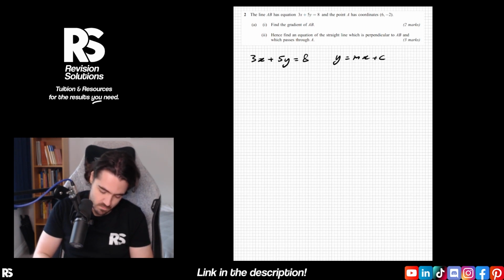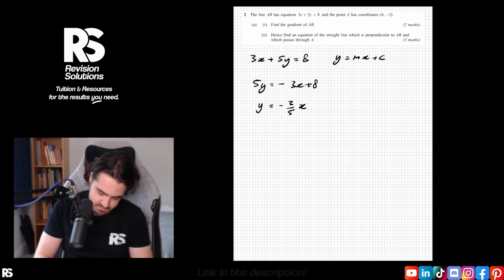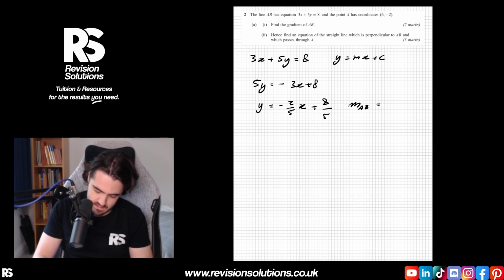So let's just rearrange for y basically. So 5y would be minus 3x plus 8. So then y would equal minus 3/5 of x plus 8/5. So that would mean the gradient of our line for AB is minus 3/5.